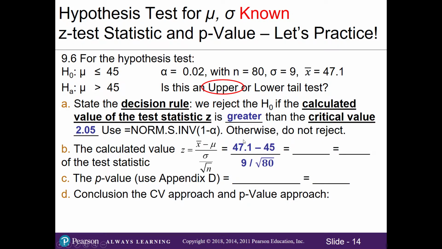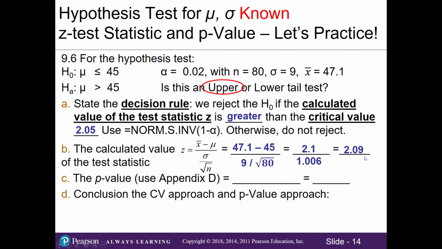So when we subtract 47.1 minus 45 for our sampling error, we get 2.1. And when we calculate our standard error by taking 9 divided by the square root of 80, we get 1.006. Dividing the numerator by the denominator, we get a calculated test statistic of 2.09.